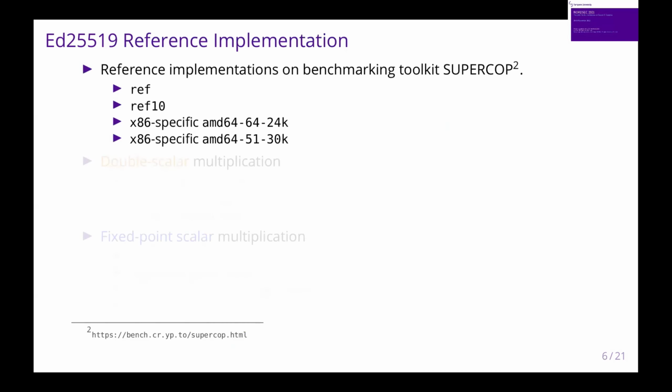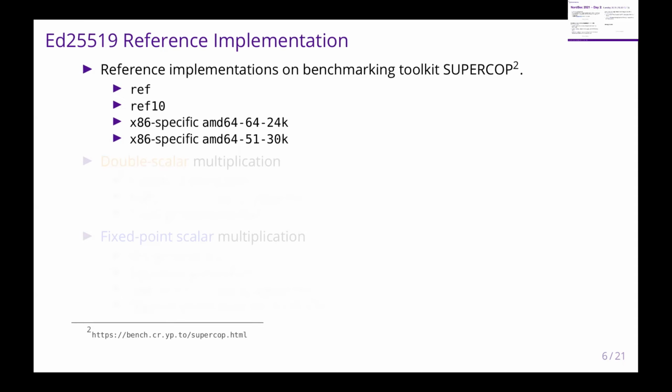Together with the original paper, there was some reference implementation provided, and it's available in the SUPERCOP framework. Actually, it wasn't only one reference implementation, but several ones. There is a basic reference implementation in C that is slow, but it's secure and portable.